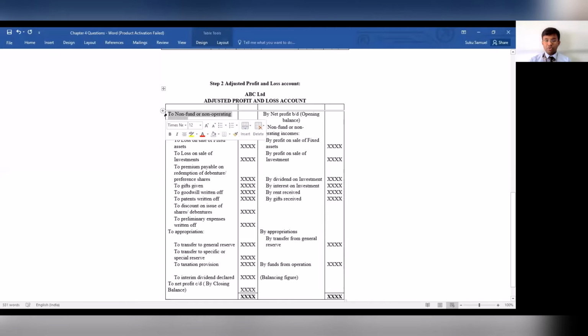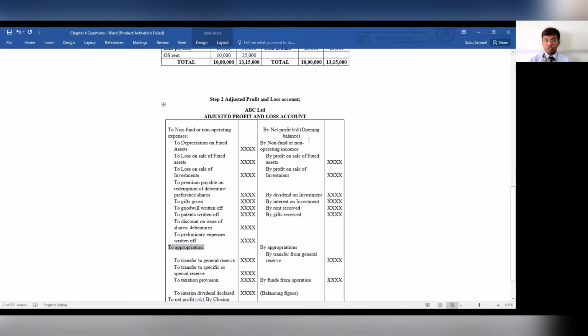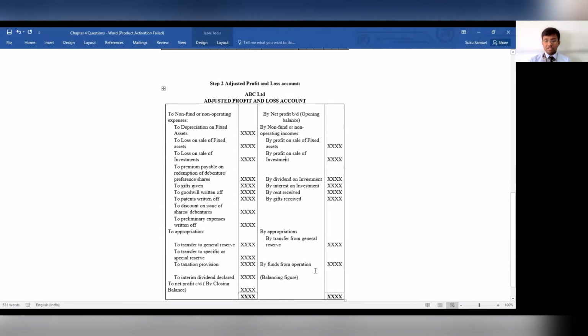To this, you have to add back all your indirect expenses. Indirect expenses can be your non-operating expenses and your appropriations, and then you will also have to subtract the indirect incomes. The balancing figure would be the difference between the two.